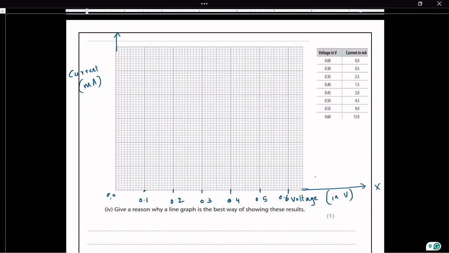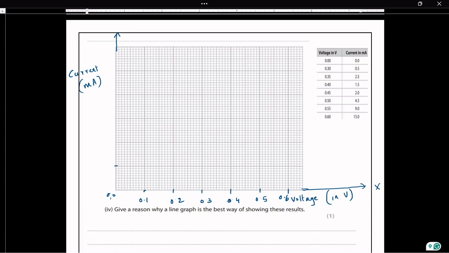Then let us decide the scale for the y-axis. The current is varying from 0 to 15, so we have to go up to 15. We can take each one as 5, 10, 15. So each 2.5, 5, 7.5, 10, then 12.5 and 15.